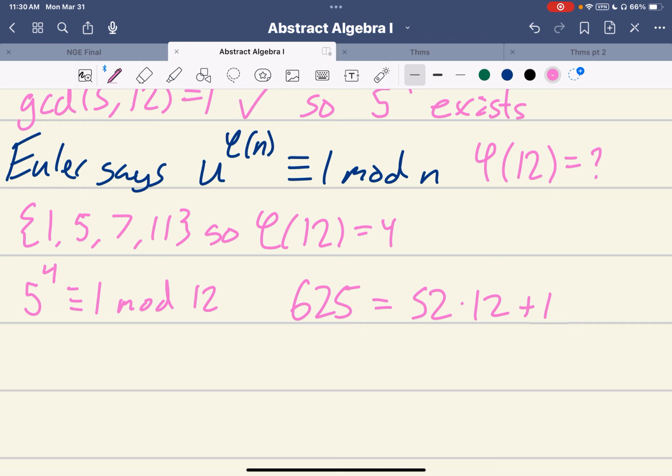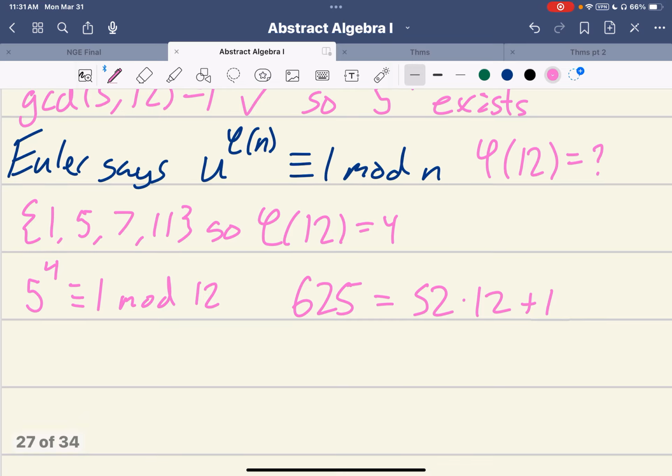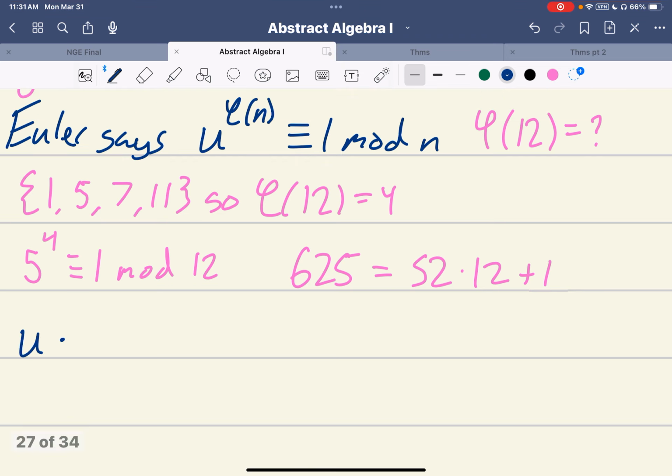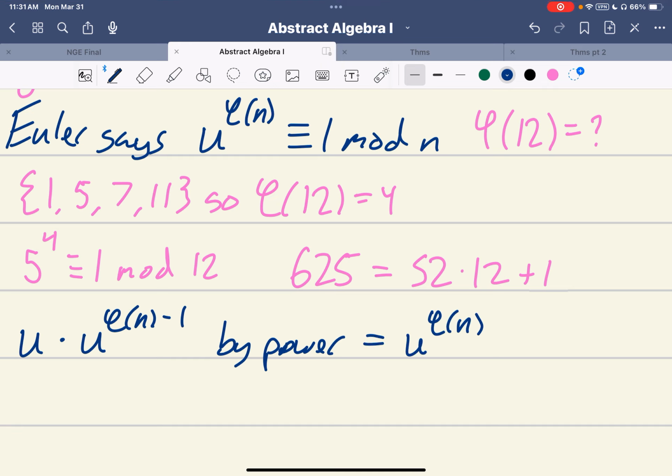But we want to know 5 inverse. How do I find the inverse of 5? Well, there's this, I don't know if it's a corollary or lemma or whatever, but if we go back to looking at what Euler said, we have u times u to the power phi of n minus 1. By power rule, that's equal to u to the phi of n, right?